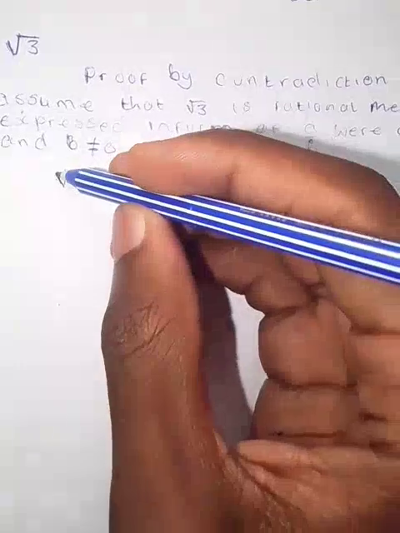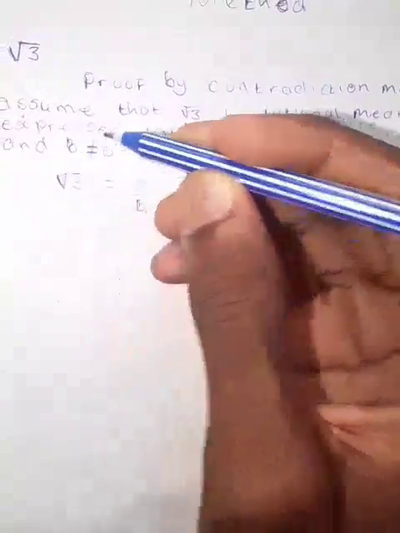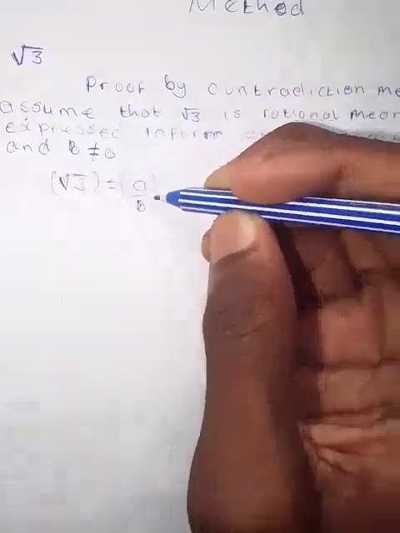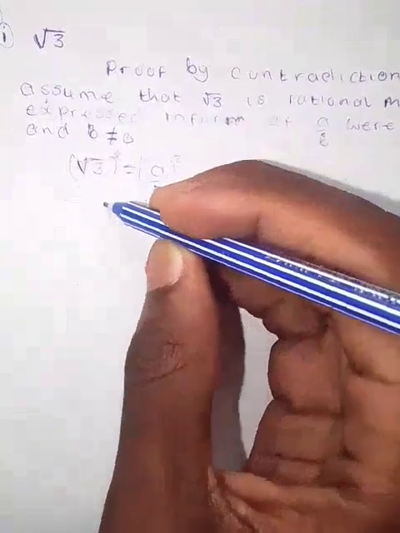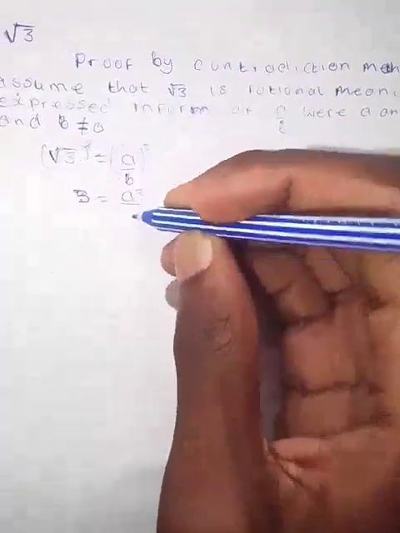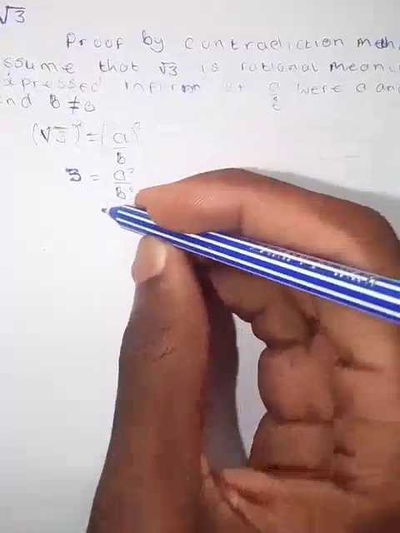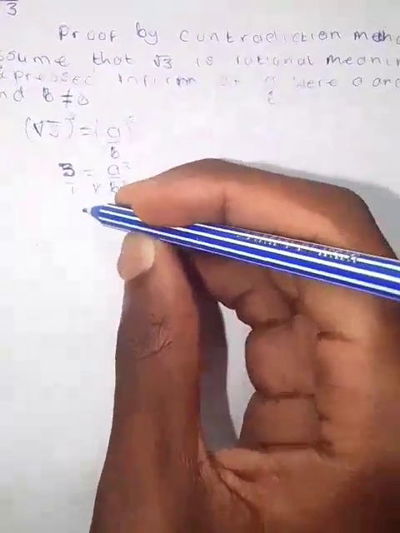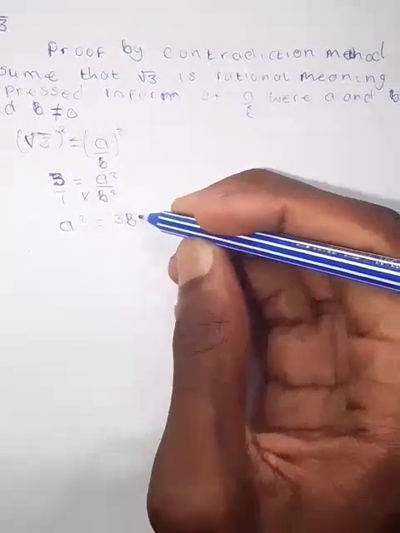Remember, if the number on this side has a square root, what do you do? You square both sides, so that the 2 can cancel with the square root. We remain with 3 times b squared equal to a squared, after you cross multiply. So we have a squared equals 3b squared.